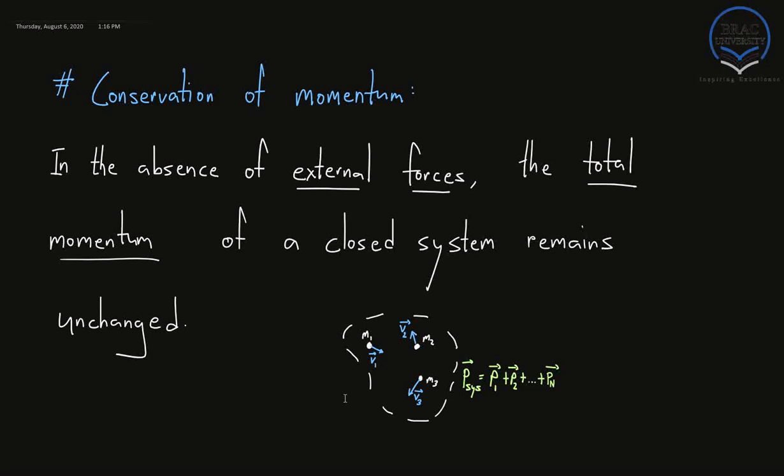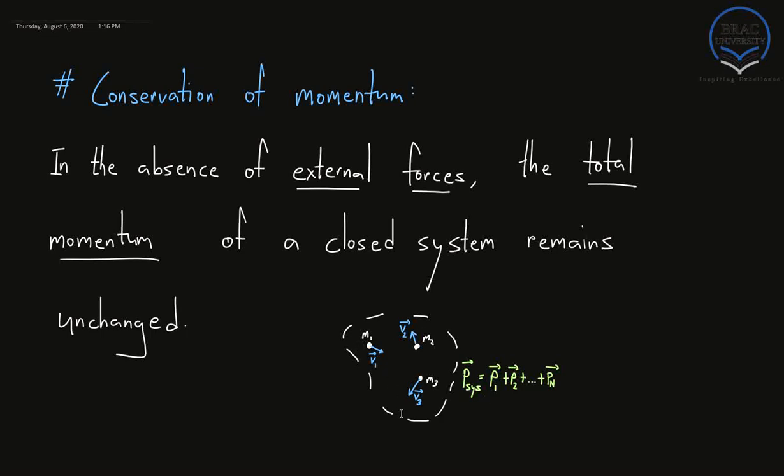That is, for example, if you have a closed system like this of n particles, and you have no external forces acting on this system, then between, say, times t1 and t2, no external forces act on the system. What may happen is that the individual momenta of these n particles can change, but this p system, which is the total momentum of this system, the vector sum, does not change.